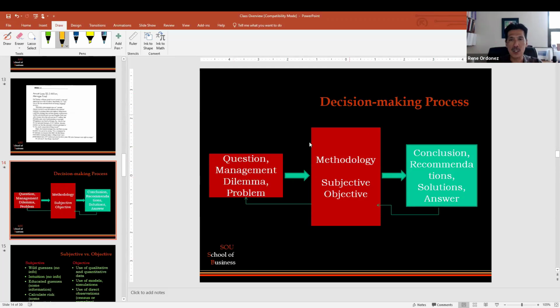The middle part is where we evaluate these scenarios using either an intuitive approach or the analytical approach. Here we're talking about subjective or objective means of evaluating the scenario or situation to get to the conclusion, recommendation, or answer.